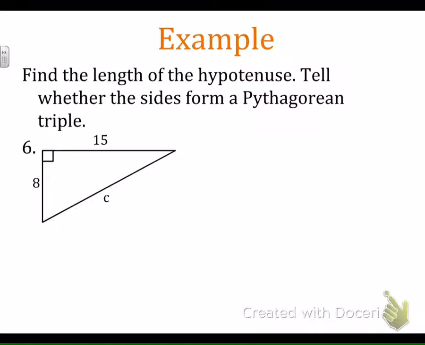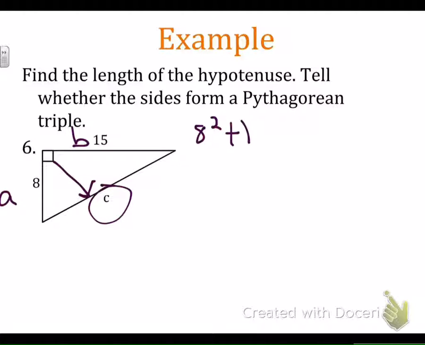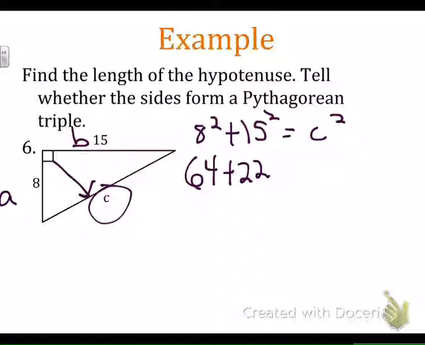So find the length of the hypotenuse and tell whether the sides form a Pythagorean triple. So we're looking for the C. We'll call this our A and this our B. So 8 squared plus 15 squared equals C squared. So 64 plus 225 equals C squared.